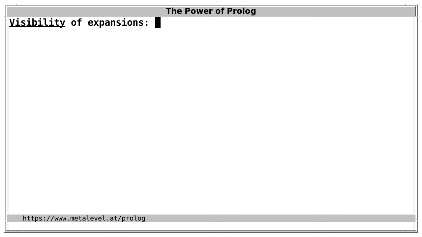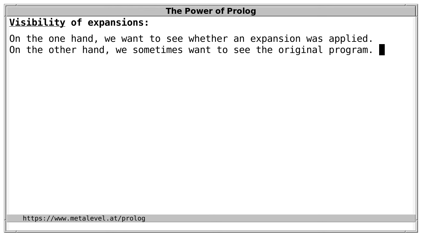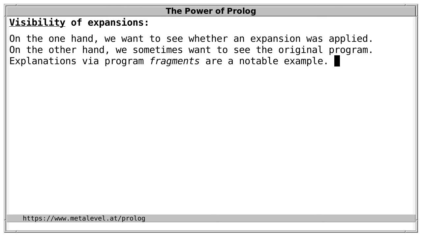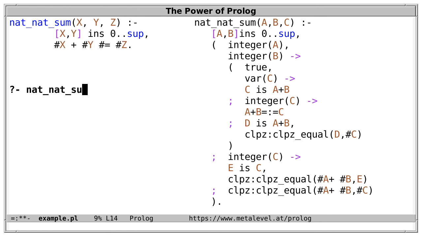Another question is the visibility of expansions, because on the one hand, we want to see whether an expansion was applied. And on the other hand, we sometimes want to see the original program without expansion, notably when using program fragments for declarative debugging. Then we want to see the original program. For instance, in the case of nat_sum, what if we assert 0 plus 1 is 2? That's of course not the case.